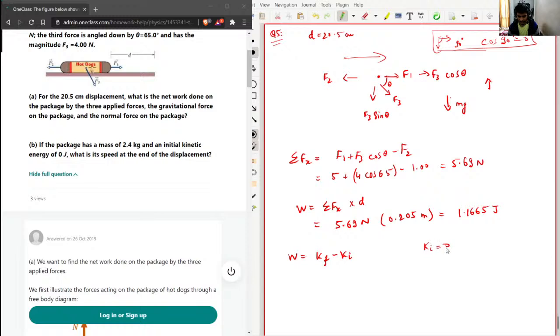Ki is given as 0. So I'll write the work done we have already calculated, which is 1.1665. Kinetic energy will be half mv square. M is given, which is 2.4.